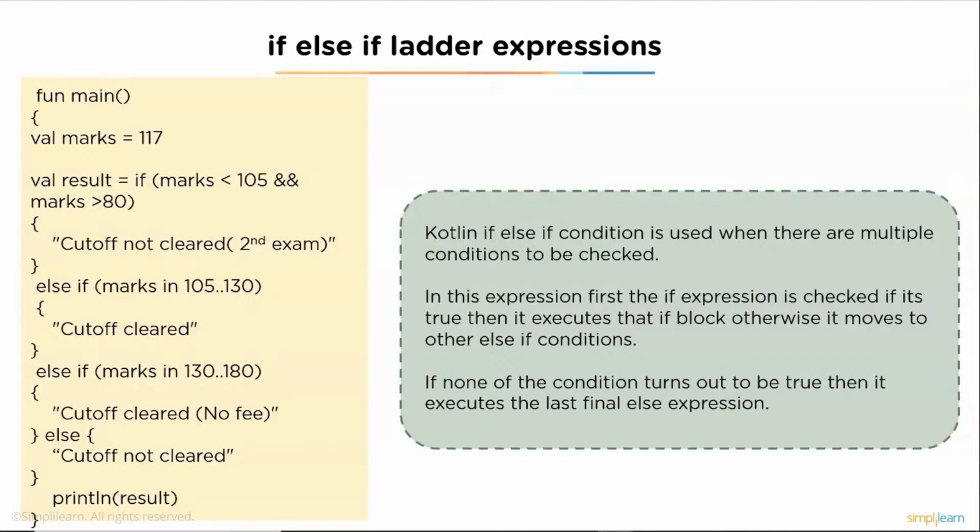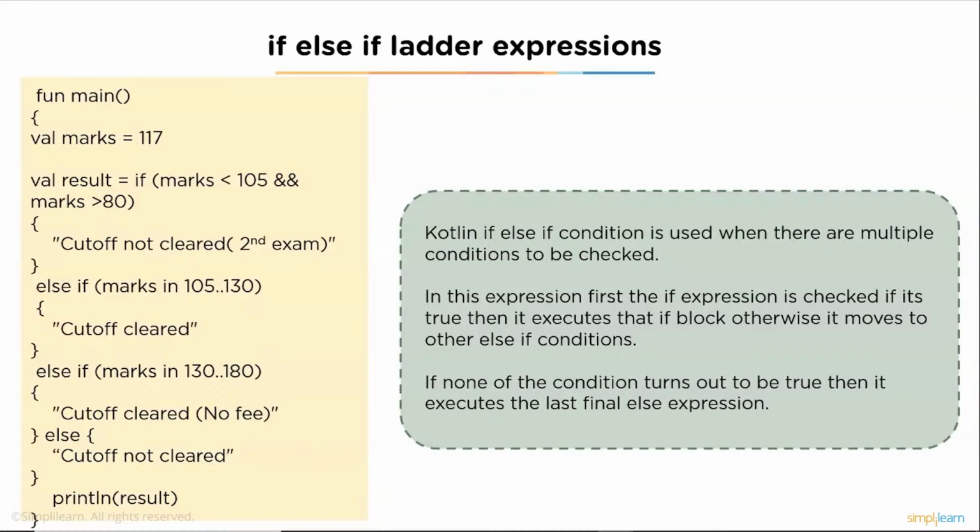And else, cutoff not cleared. So by this example, we understood that there are multiple conditions and each condition has specific criteria. If the marks of the student fit in that criteria, then that specific block gets executed.